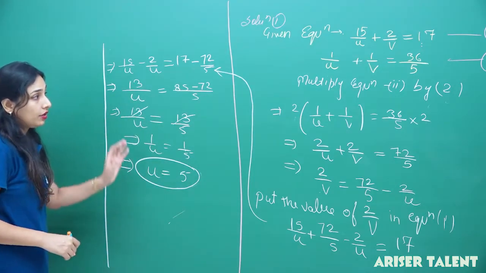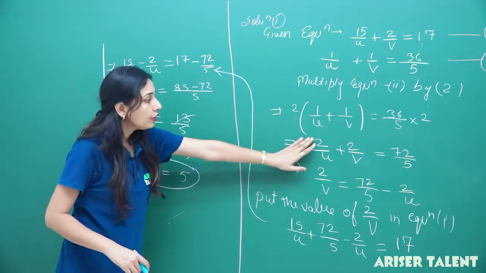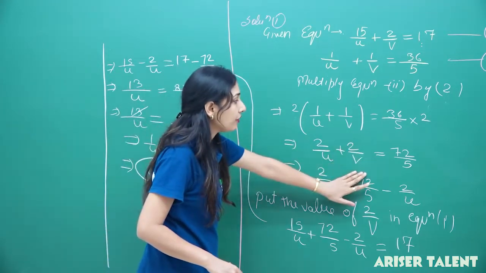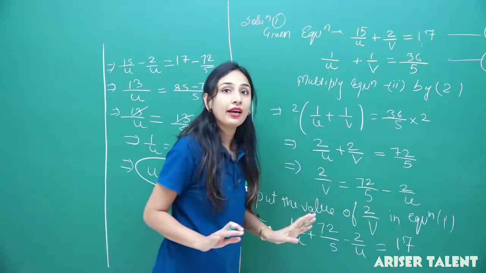Okay, so now if U equals to 5 students, then what is the value of V? Now we are having this 2 by U plus 2 by V equals to 72 by 5.